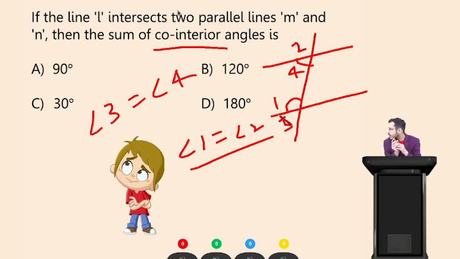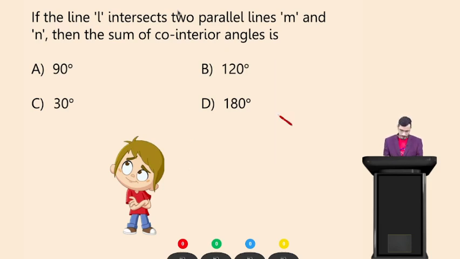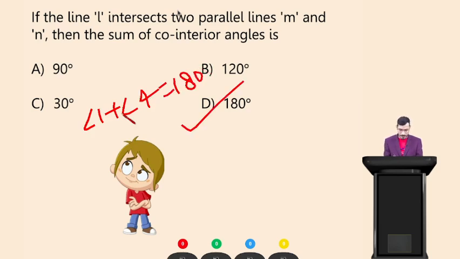We know that the sum of angle 1 and angle 3 is 180 degree, linear pair, and angle 2 and angle 4 are also a linear pair, and sum of linear pair is 180 degree. That means the sum of angle 1 and angle 4 is also 180 degree. So the right answer is option D here.